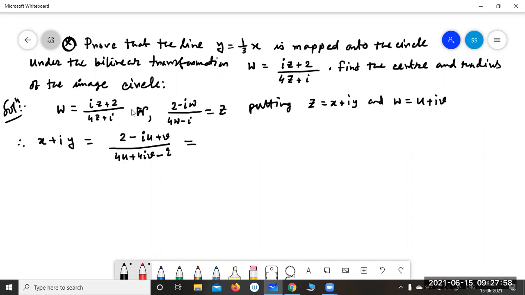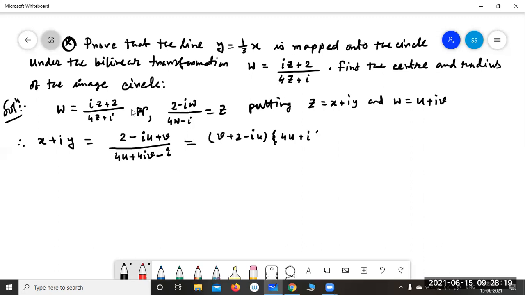From here we multiply by the conjugate of the denominator. The denominator is 4u + i(4v - 1), where 4u is the real part.